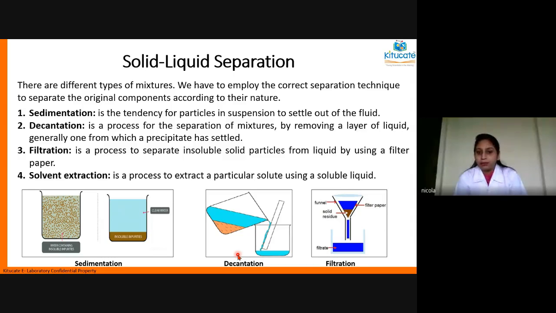Suppose you use a sand and water mixture. The sand is insoluble in water. You pour the sand and water mixture through the filter paper. What will happen? The sand will remain on the filter paper and the water will pass through. So then you get water separately and sand remains in the filter paper.